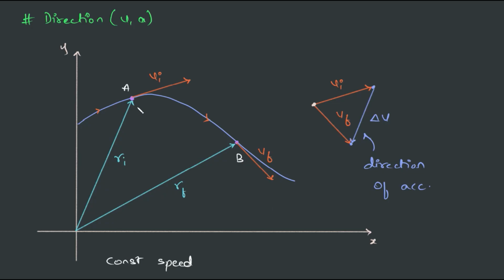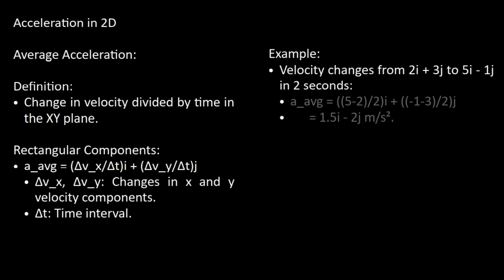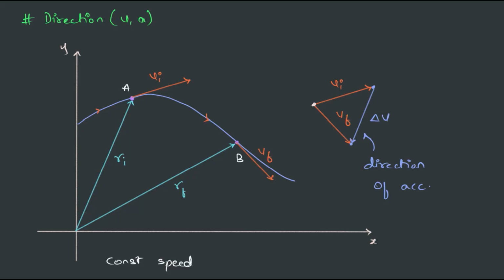Okay, and if you see one point that kept repeating, the curved path, whenever we see a curved path, the acceleration often points inward towards the center. So if you look at this space and if you can imagine that this is a circular path, can you see that it's pointing inwards?